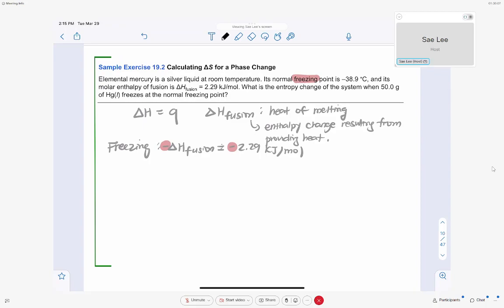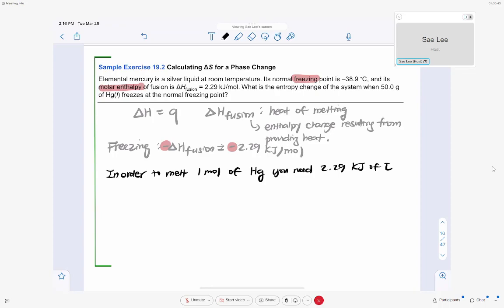And we are also given the molar enthalpy of fusion. That means in order to melt one mole of mercury, you need 2.29 kilojoule of energy.